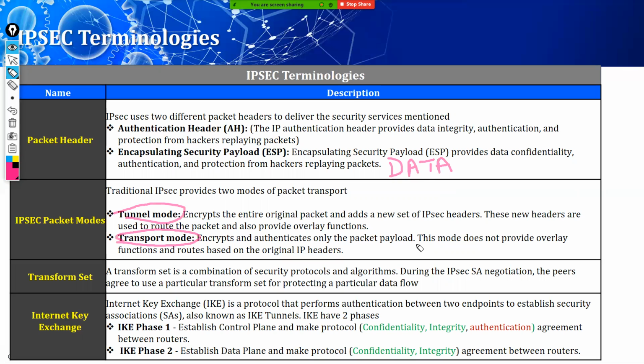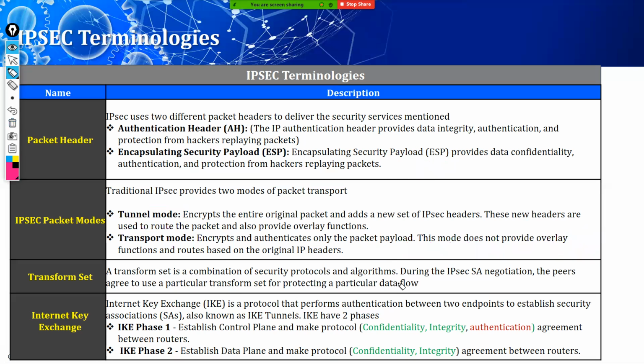If we want to combine GRE and IPsec, with GRE we need to use the transport mode. Then it can be transported via IPsec. So GRE plus transport mode would be equal to IPsec.